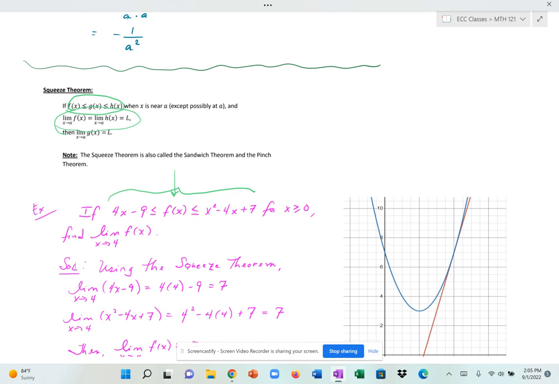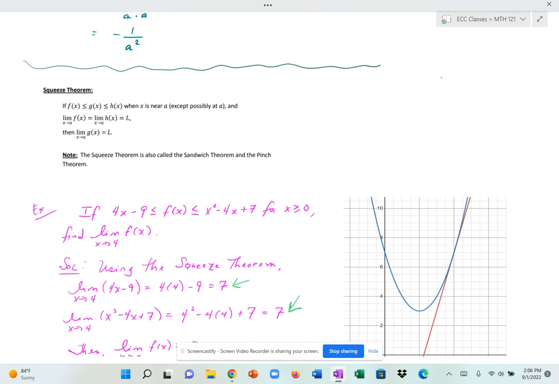So the first function, 4x minus 9, is a line. I can just evaluate this by direct substitution, and I get 7. The second function, or the one that's above, is a parabola. Again, all real numbers are in the domain, so by direct substitution, you plug in 4 squared minus 4 times 4 plus 7, and you also get 7.